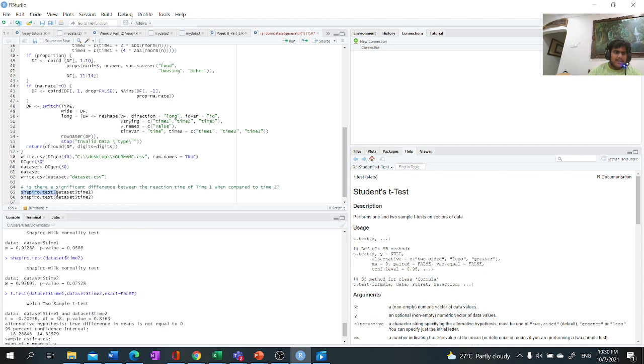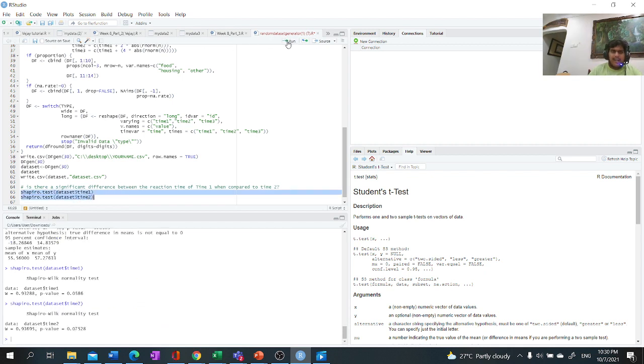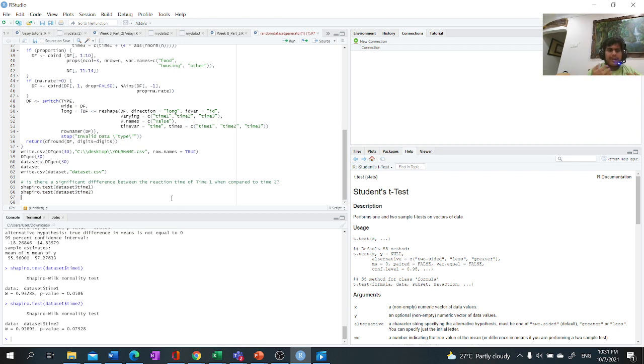After doing these two, we run it, and we identify that the datasets are normal. So after finding out it is normal, we can carry out a paired t-test.